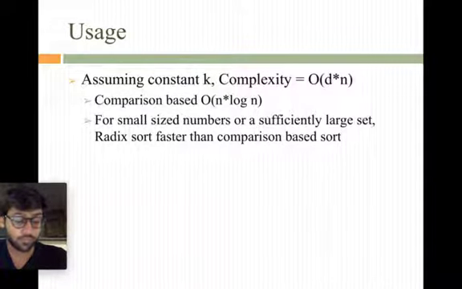What I want to claim here is that the d into n complexity algorithm is faster than the n log n algorithm if the numbers are very small in size, that is, d is very small.